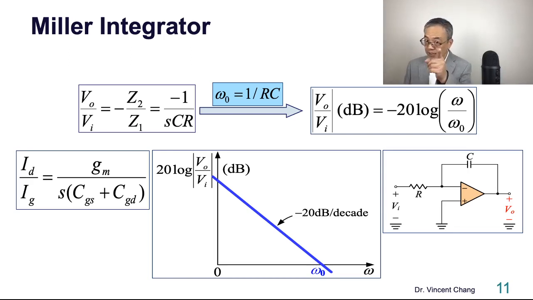So see the negative 20 log omega. In the frequency domain, it's going to be a straight line with a slope of negative 20 decibel per decade of frequency. When omega equals omega 0, it is 0 decibel. So it's the unit gain frequency for the integrator.